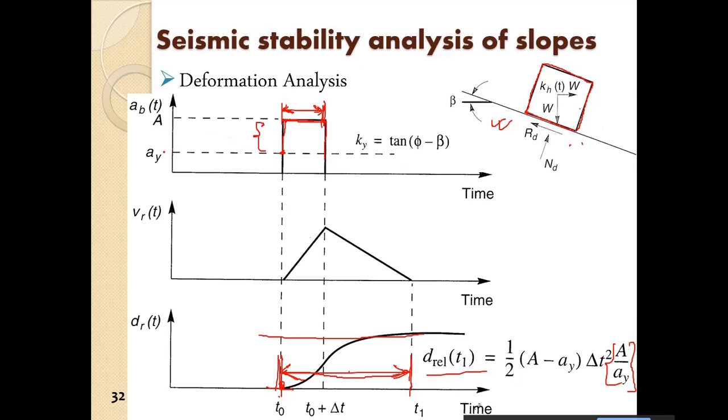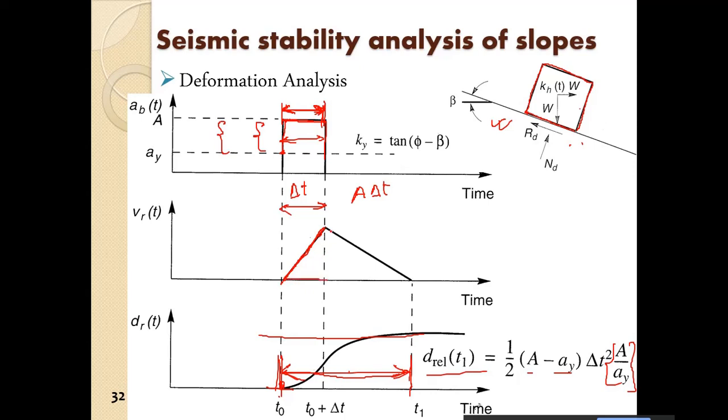A minus Ay is the acceleration that will cause the displacement, and it is applied for this much of time, this is delta T. So (A minus Ay) into delta T is the velocity increment. You see, A into delta T, this is the increment in the velocity.